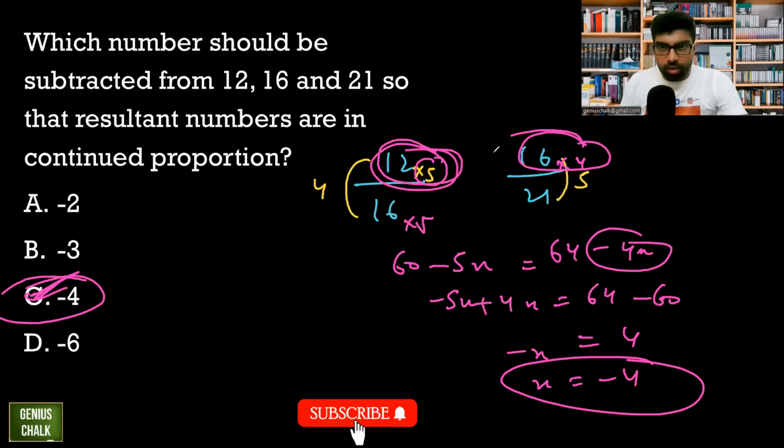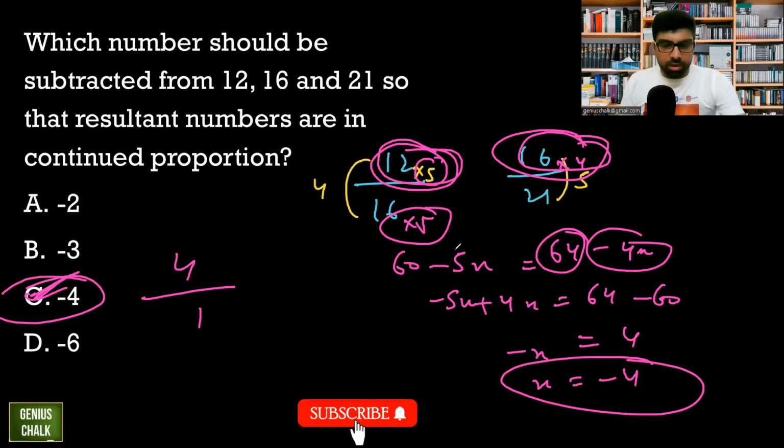So it was 60. It was 64. Difference was 4. So 5 minus 4, that was 1. Negative is coming because there is some number which is more, which is on one side. That's why it was happening. You can cross verify it using this also. And options, you can directly also verify the best method.